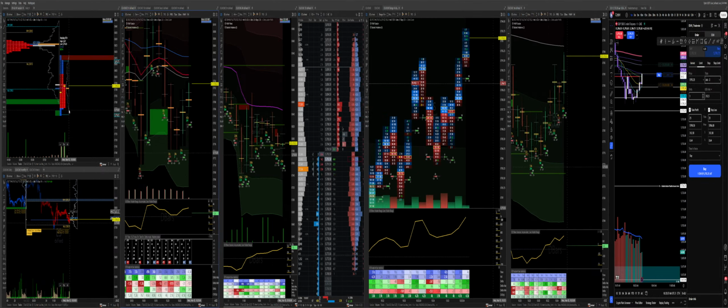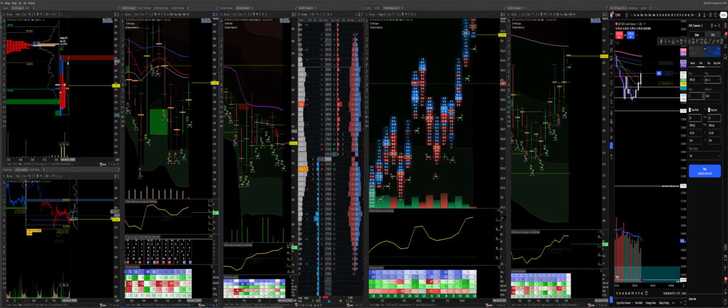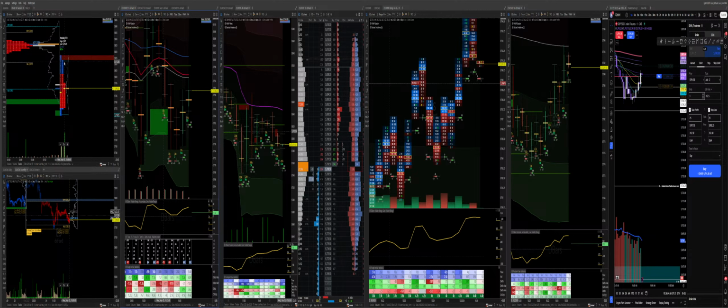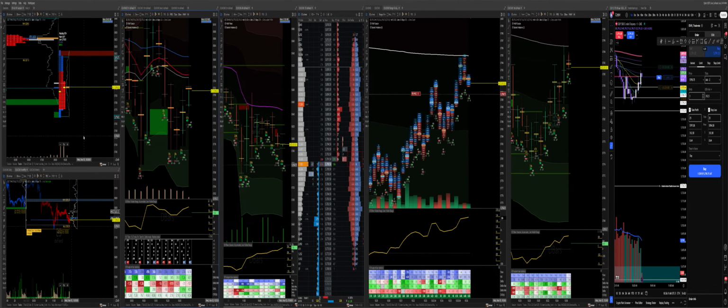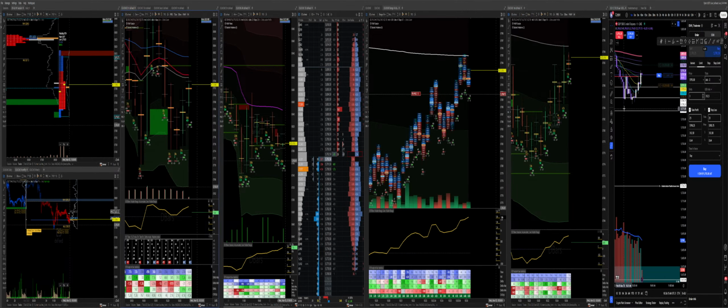Alright. Be nice to IBL long. Short IBH. We're in the middle of the range. Okay. We peekaboo the bottom a little bit.